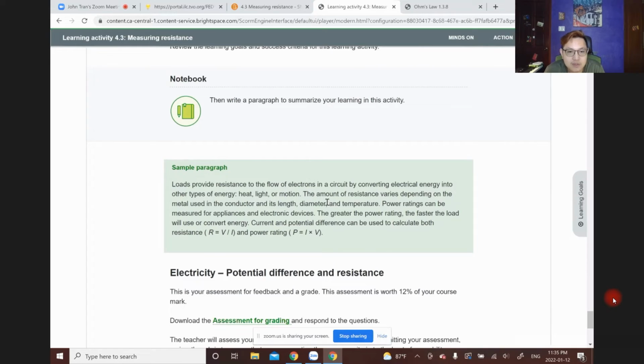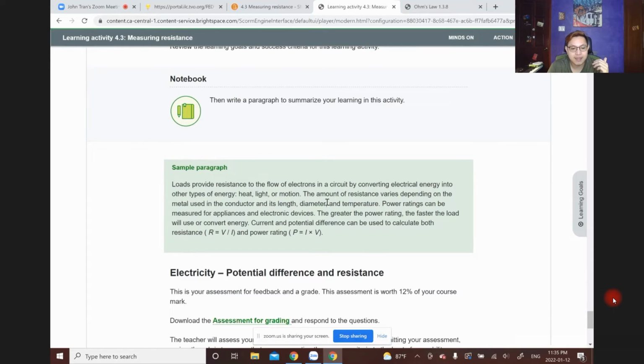It's on load, right? So load can include any equipment that uses electricity. For example, a light converts the energy of electricity into light. If it's a stove or a tumble dryer or a hair dryer or a heater or radiator, it converts that electrical energy into heat.